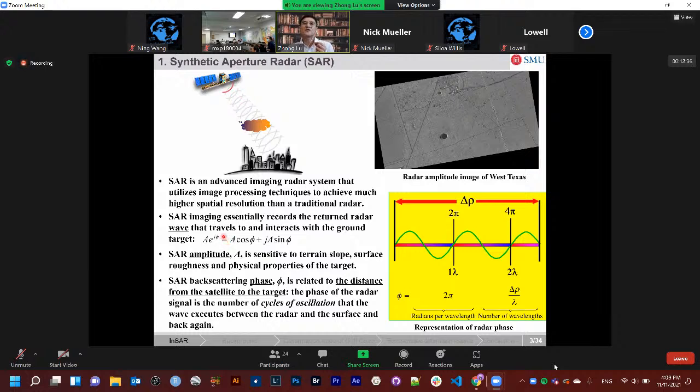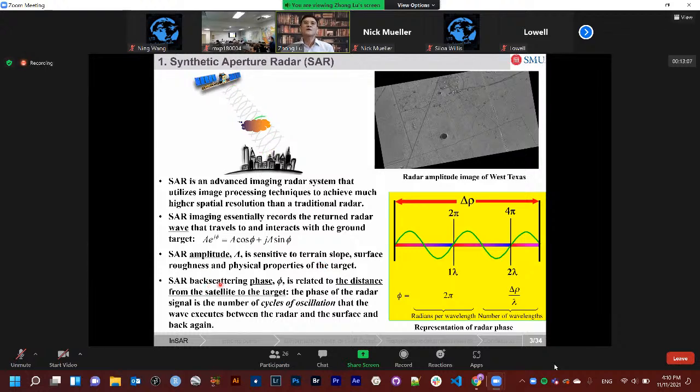One is the amplitude, which is related to the strength of the signal scattered back to the antenna, and can be used to infer the terrain slope, surface roughness, and the physical properties of the target. The dielectric constant on the Earth's surface is pretty much the same, only changing when moisture comes in, so amplitude is very sensitive to soil moisture on the surface of the Earth.